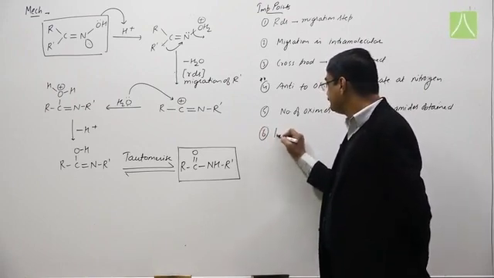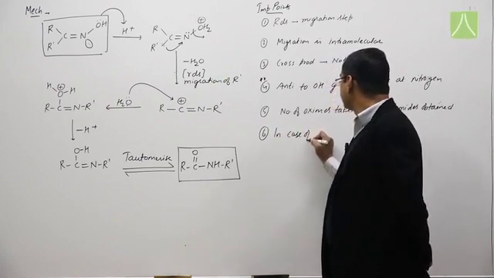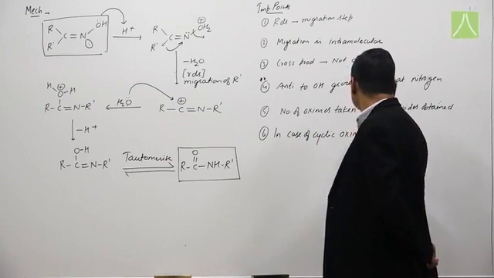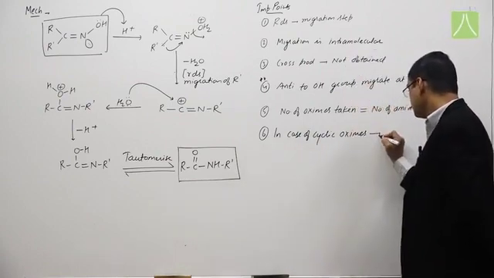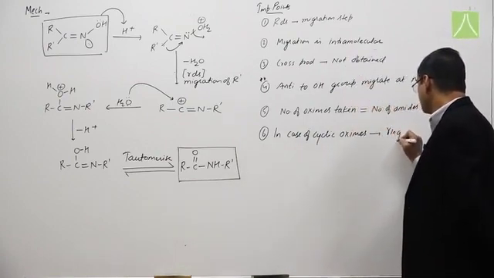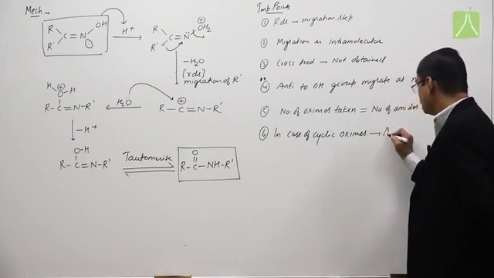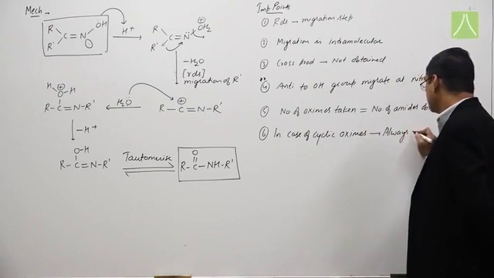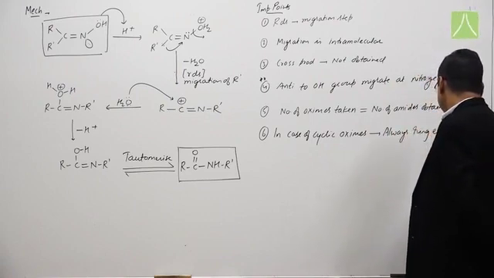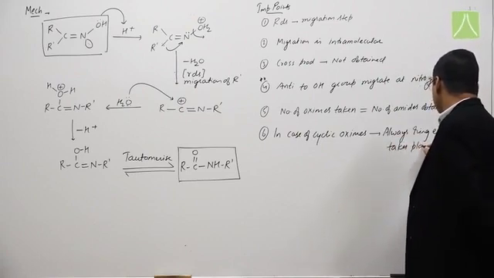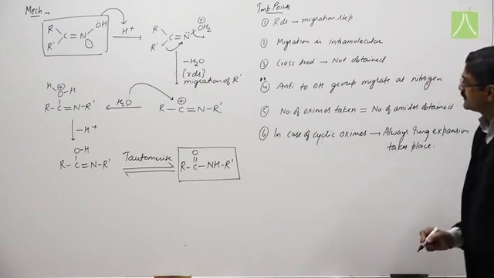Next point: in case of cyclic oximes, ring expansion always takes place. So these are the important points.